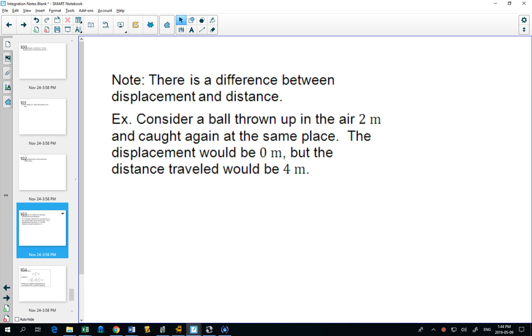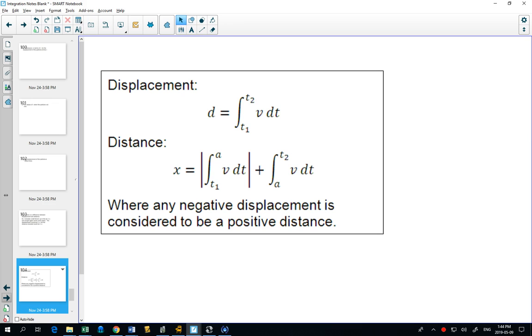What happens then is, according to integration, displacement is the integral of velocity. If you take the integral of velocity, you'll get displacement. So when I throw it up in the air and catch it, that won't be my distance. Because when it's going up, it's a positive displacement. When it's coming down, it's a negative displacement.